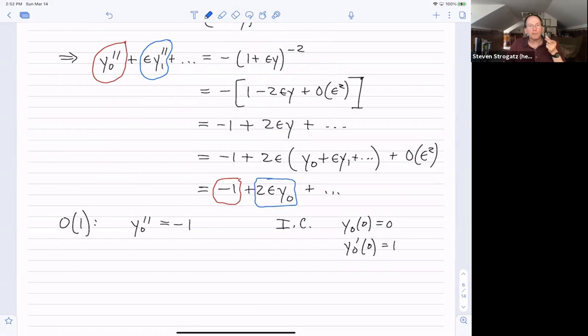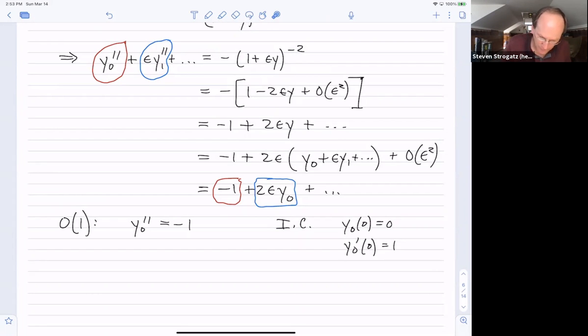You can see something kind of interesting about the structure here, that to solve this circled blue problem, I'm going to have y1 double prime. It's going to depend on y0. And so that's being solved at an earlier stage. There's a kind of recursive, I don't know, recursive is the word, a sequential character to these problems that often comes up in perturbation theory.